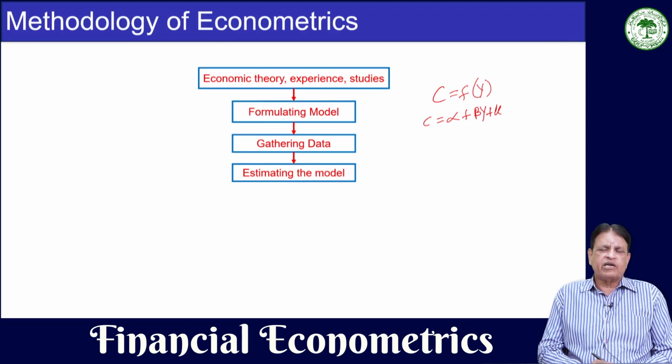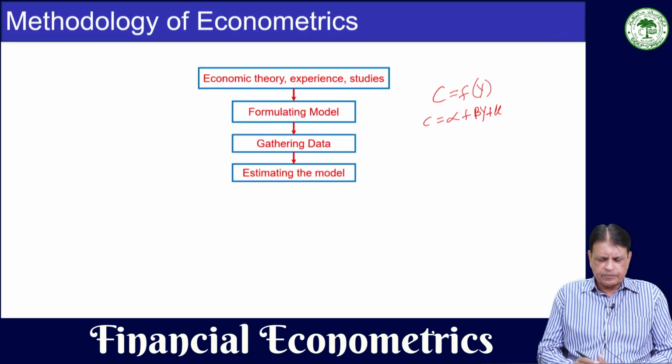Or aggregation may also be over space, in the sense that we are given village data and from the village data we want to have the data regarding the district, or we are given the data regarding the district, from that we want to obtain the data regarding the state. So we have to carry out the aggregation if it is required. If it is not required, then there is no problem. Now in aggregation we have to be very careful, because in aggregation we should not compromise with the basic nature of the data.